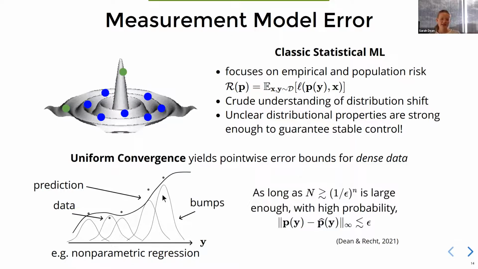In settings like this, we can show that as long as our training data is approximately larger than 1/epsilon to the nth power, then with high probability, this perception error will be bounded by epsilon at every single observation y we make. So this is a uniform error guarantee, not just an average error guarantee, but it requires a very heavy sampling burden with an exponential dependence on the dimension of the state space.